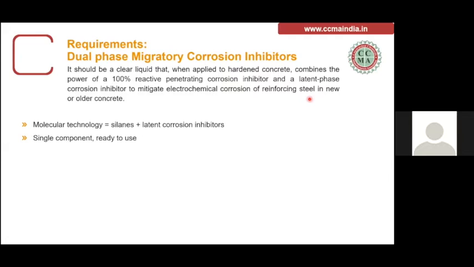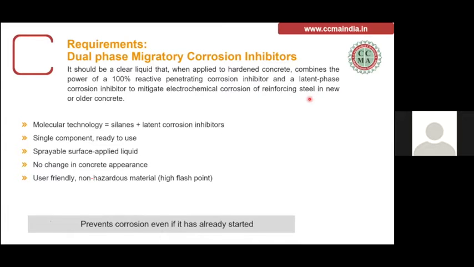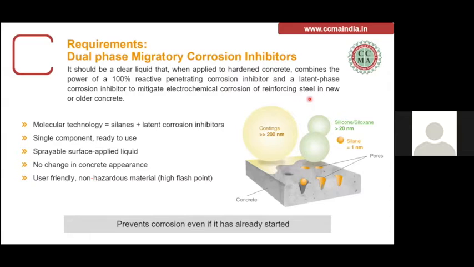Then we have a single component, ready to use, so there is no mixing involved. These are very simple applications. You just need to open the can and apply the material. It should be easily brush or spray applied or applied with a roller, simple to use, no change in concrete appearance, very user friendly, and finally it prevents the corrosion even if it has already started.